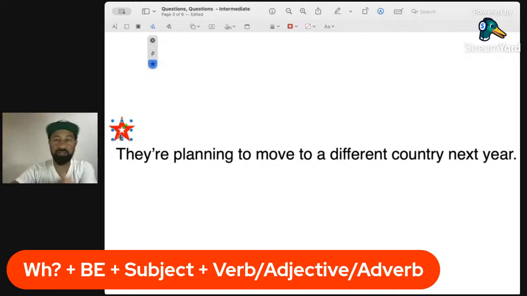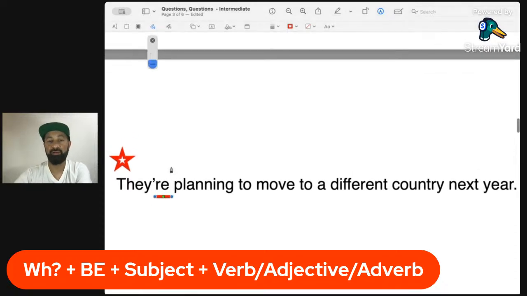I'm going to only share one question. So if you have a different question, leave it where I can see it and I will check. We've got that be verb here, so we know that we're going to use the grammar pattern on the screen: WH, be verb, subject, verb, adjective, or adverb.